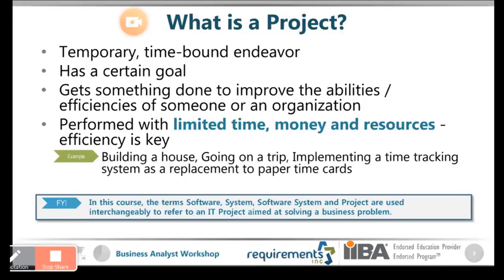However, in our course, we are going to be focused more on the IT business analyst. Hence, if we say project, it's an IT project. If we say system, it is an IT system, because we are all trying to get a job in IT and get into that frame of mind. So we might use those terms interchangeably, quick note on that.